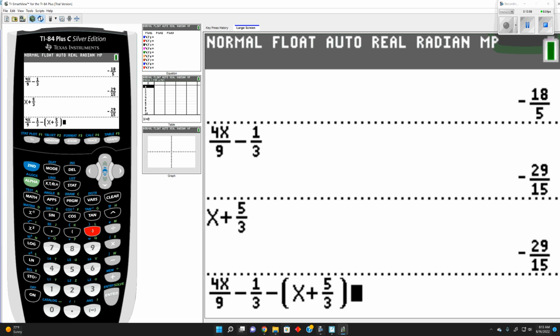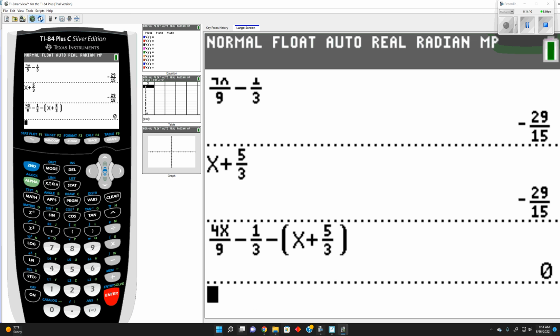And all I did was what? I took the one side of the equation and subtracted it from the other. So if these are the same, both sides are equal, this should give me what? 0. Yeah. So there's just different ways to check the answer. So you don't have to do it by hand, because the calculator will check it to make sure we did get indeed the correct solution.